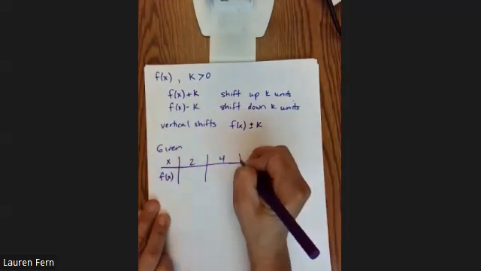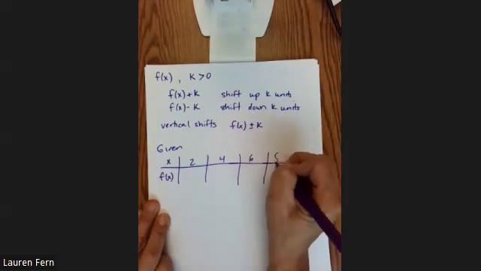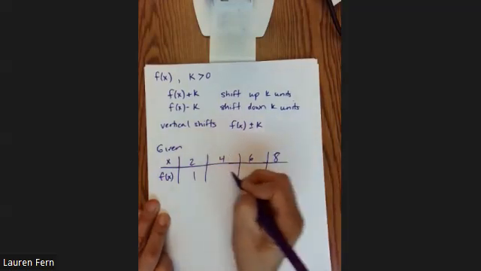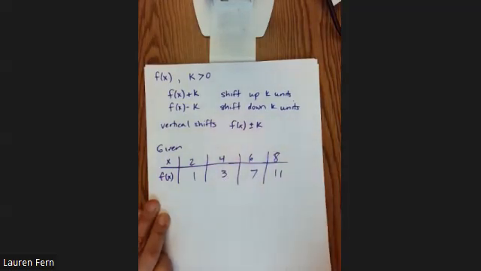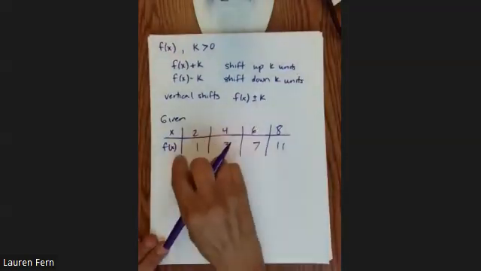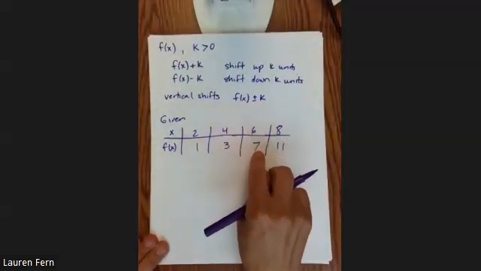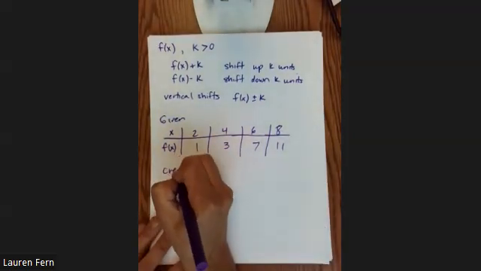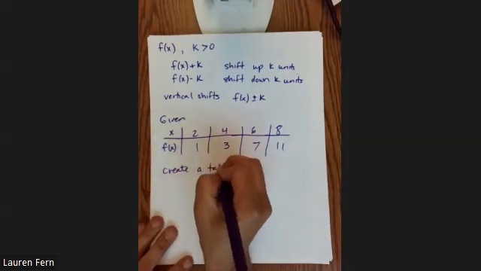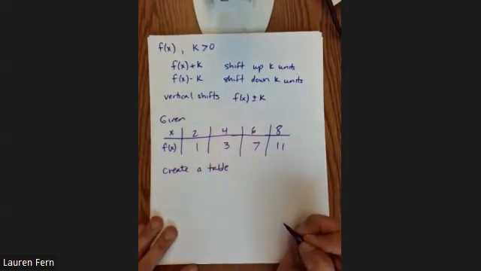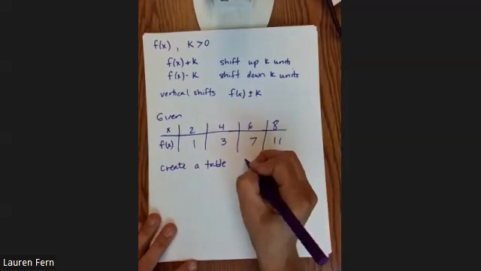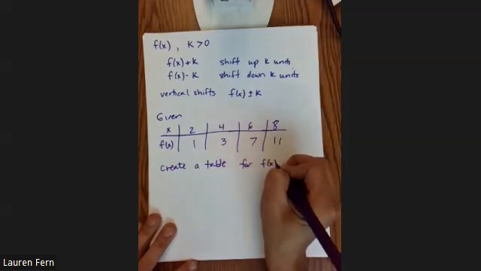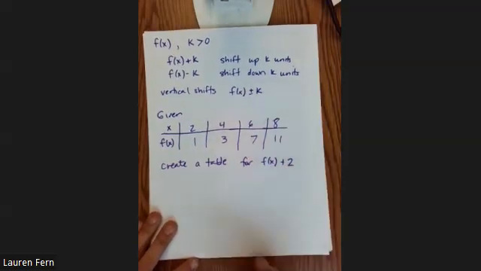I'm just making up random values for a function. Suppose my function brings 2 to 1, 4 to 3, 6 to 7, and 8 to 11. What if I wanted us to create a table for f of x plus 2?